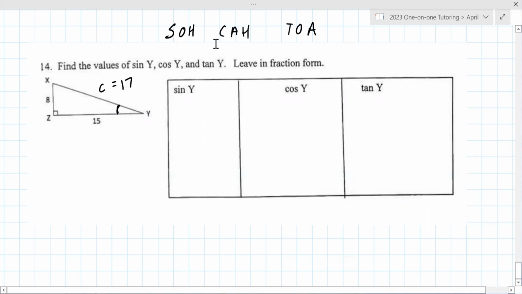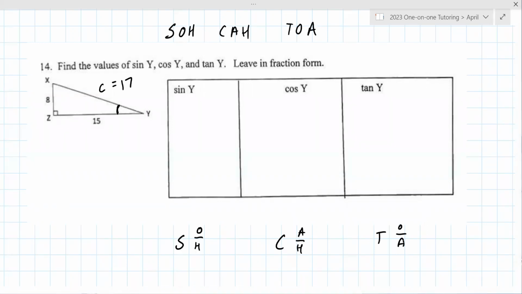Lots of ways to remember this. I just remember it as is. A slightly better way to write this is SO divided by H, CA over H, TO divided by A.